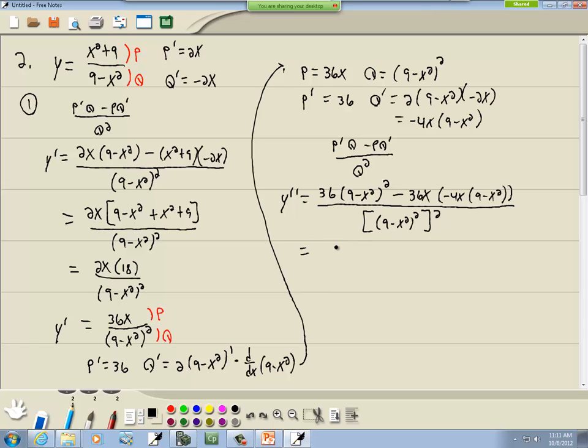Now, I'll do a little bit of simplifying here. This is 36 times 9 minus x squared squared. Negative times a negative is positive. And I got 36 times 4, and x times x is x squared, and 9 minus x squared, over 9 minus x squared to the 4th power.